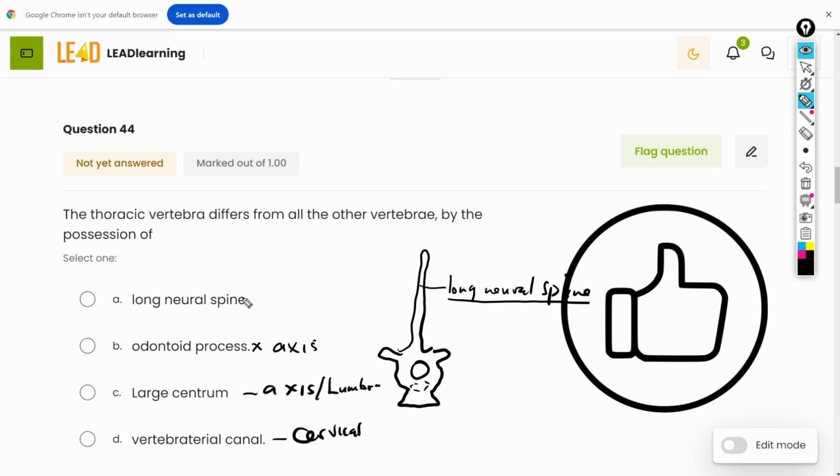So the long neural spine is the distinguishing feature of our friend, the thoracic vertebra. So that gives us option A as our answer.